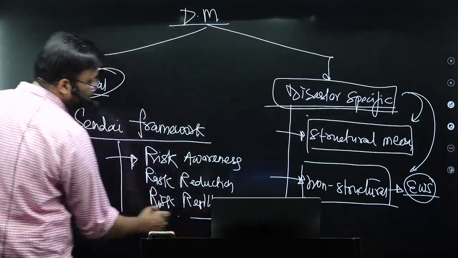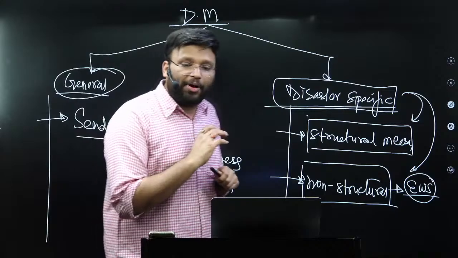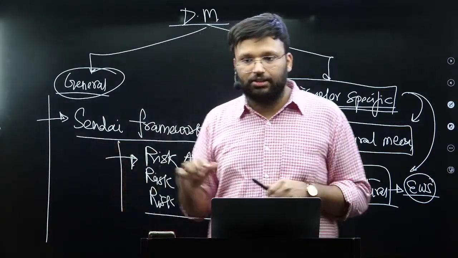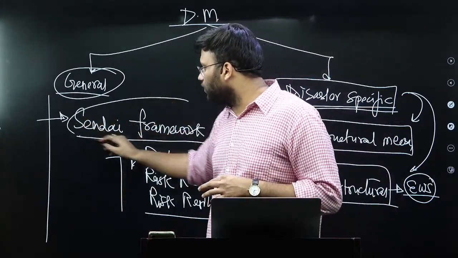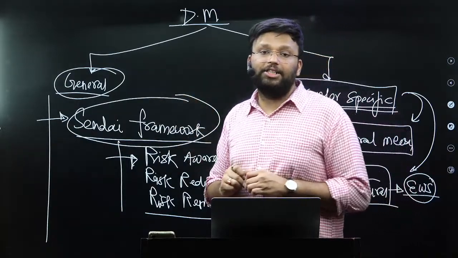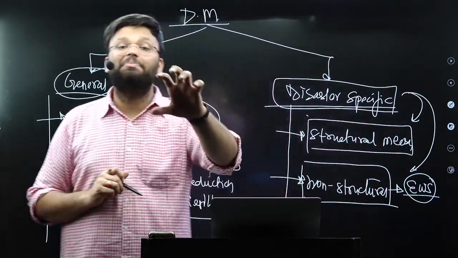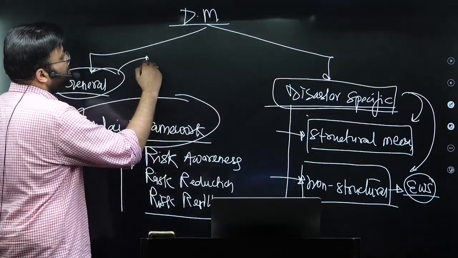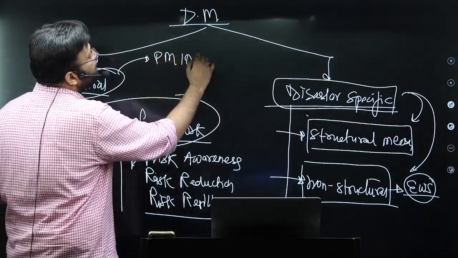So there are certain general points which can be used in all disasters, right? Sendai framework is one of them. Then there are also 10 principles. This is called the PM 10-point formula.